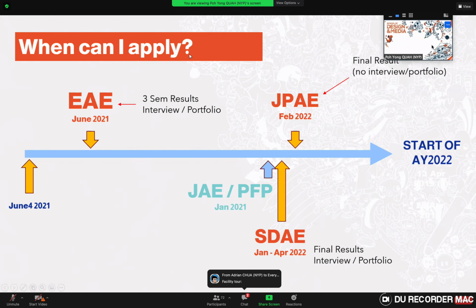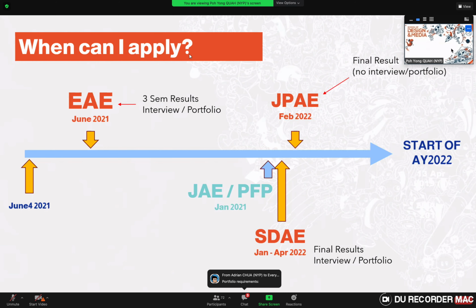Then nearer to your final exam results announcement, we have the JPAE. If you look at the JPAE period, the announcement to the opening is less than 2 months, so that's where complication comes in.